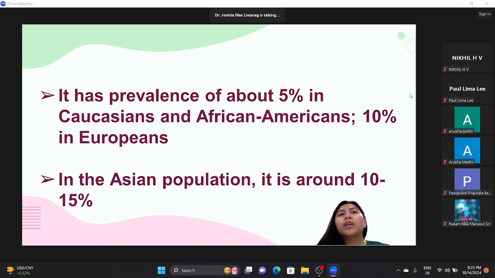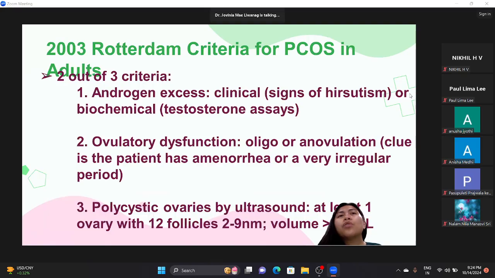In the Asian population, it is around 10 to 15%. So what is the criteria for PCOS in adults? We have the 2003 Rotterdam criteria for PCOS. So 2 out of 3 criteria. The first criterion is androgen excess. We have the clinical signs of hirsutism or biochemical, the testosterone assay.